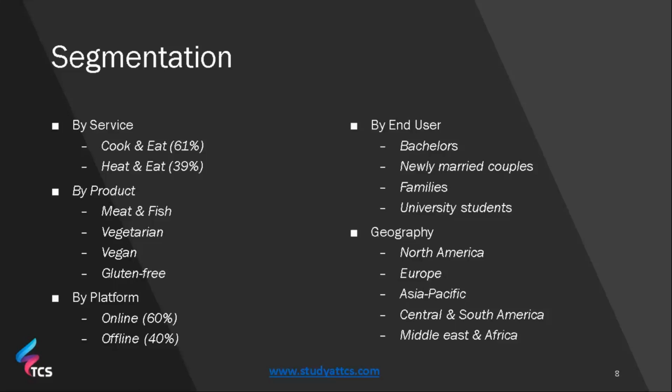And 40% of the customers are involved with offline purchasing of meal kits. And they segment based on end user as well. So this industry predominantly focuses on bachelors, newly married couples, families, as well as university students. And based on the differing needs of these types of end users, companies usually come up with unique meal kits.